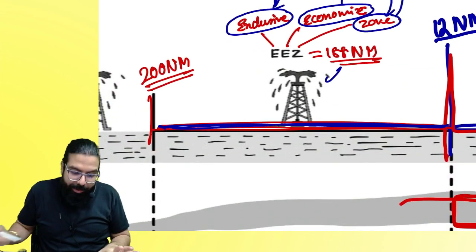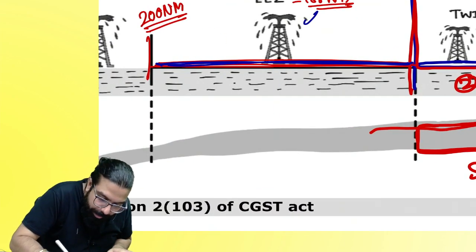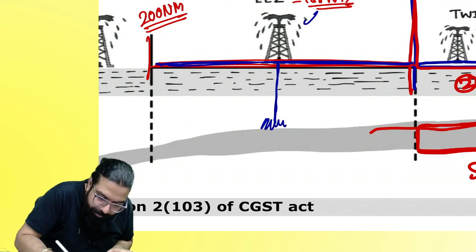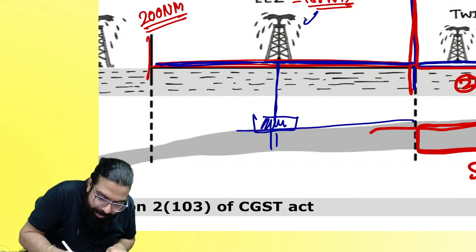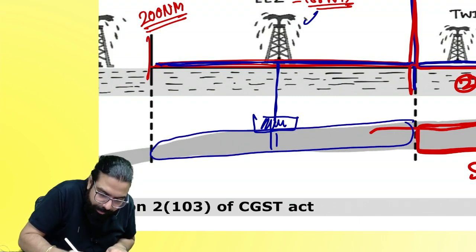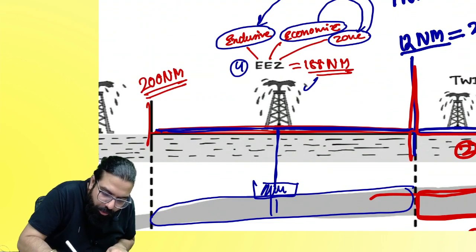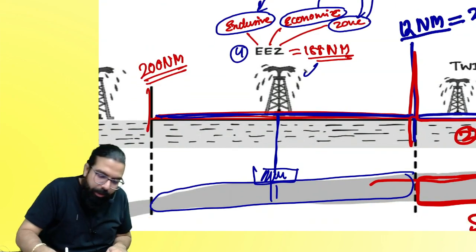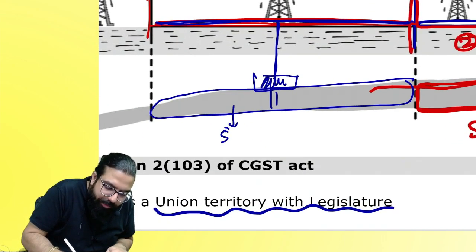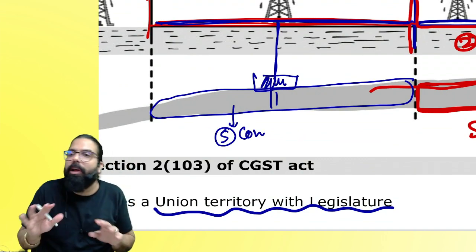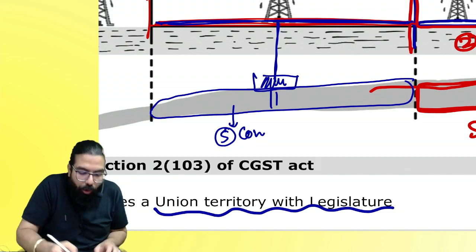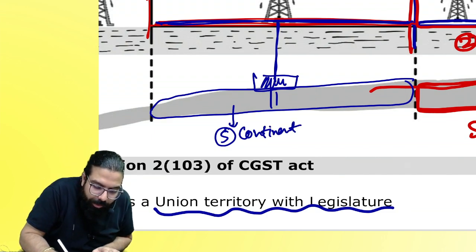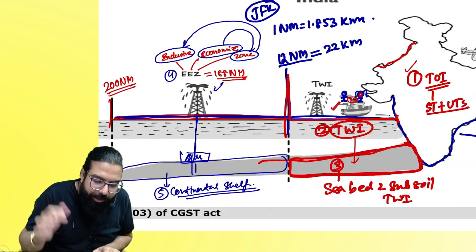Now below this zone, machines etc. will be fitted for extraction of oil, correct? This area is known as the fourth one, the exclusive economic zone. Below this, in exam they will not ask you, but you should know what is India: the continental shelf.